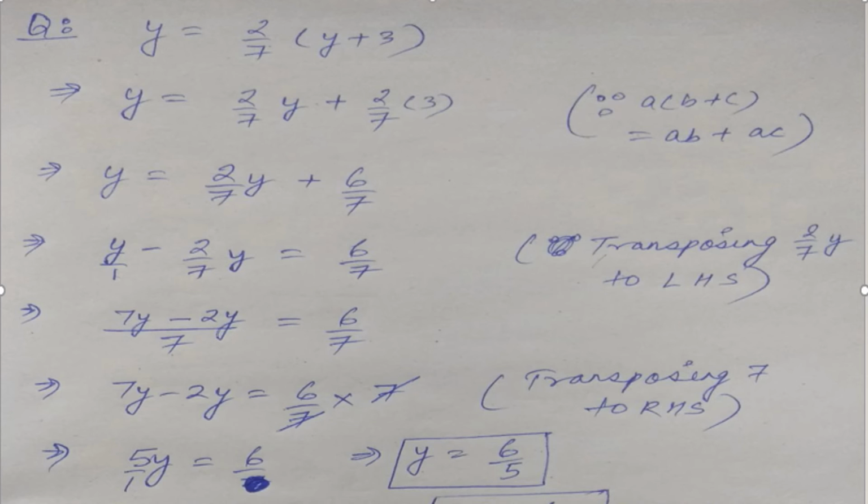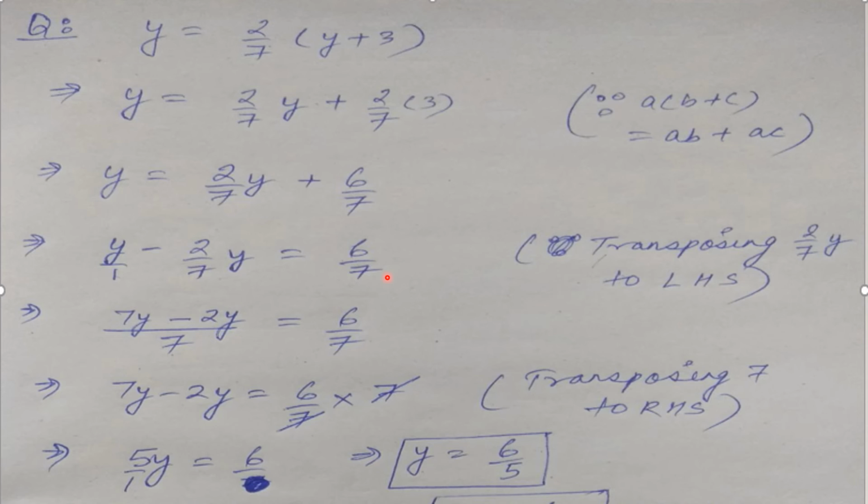It is equal to 6 upon 7. Again I am repeating, we are taking the LCM of 7 and 1, so it became 7. 1 sevens are 7, therefore 7 y's are 7y, negative sign, 7 ones are 7, therefore 2y ones are 2y, equal to 6 upon 7. Now at this stage this 7 is below the complete numerator, so it can go to the right hand side easily.